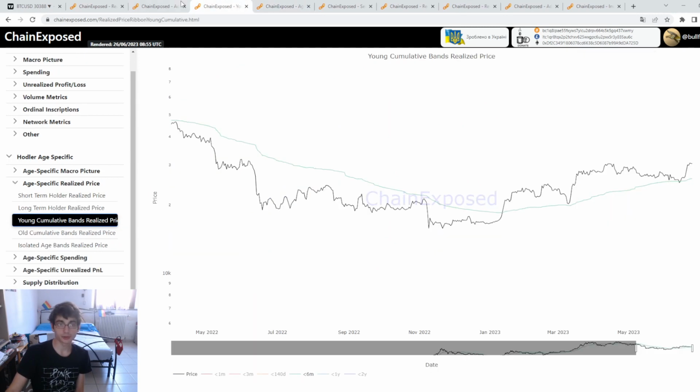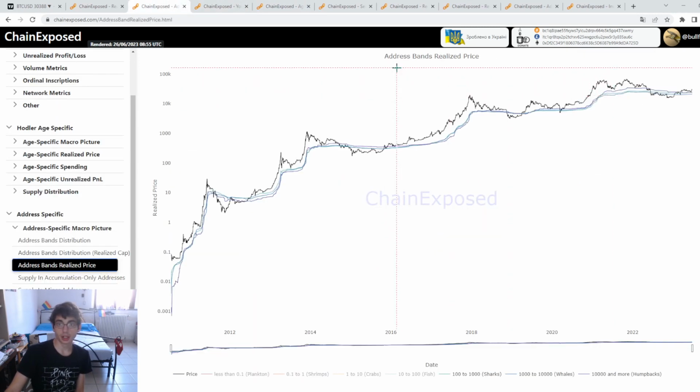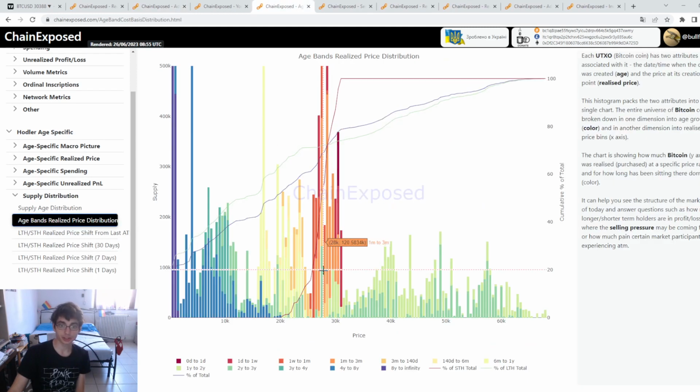So let's get into another chart again, and we see here the realized price distribution. That's not to be confounded with the plain realized price, because that is an average. Meanwhile, this is the distribution that happened on chain.